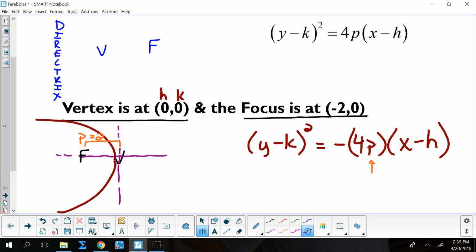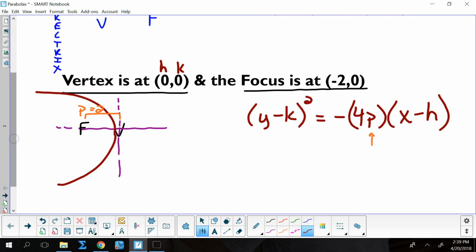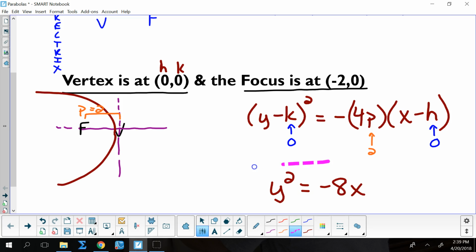So the equation of my parabola is going to be, I'm going to replace h with 0, k with 0, and p with 2. So the equation is y squared equals -8x. And that is the equation of the parabola that has a vertex at the origin and a focus at -2, 0.